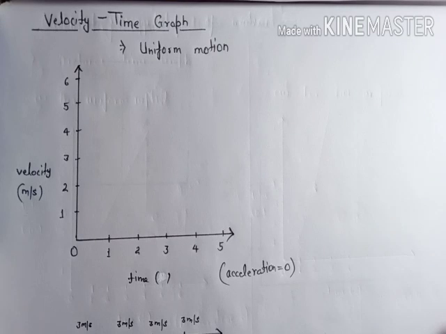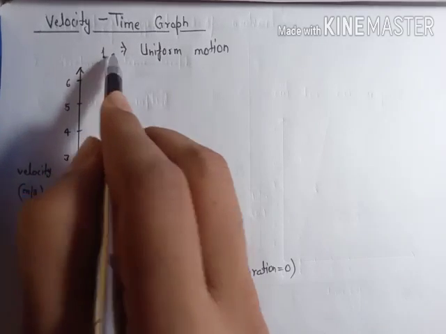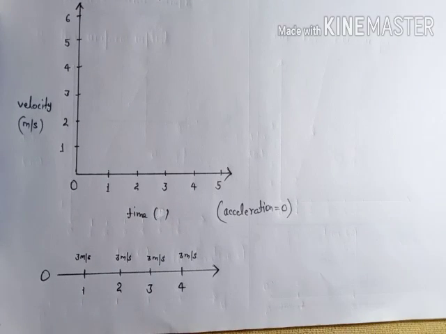And what if we draw a velocity time graph for uniform motion? We again have the first condition, uniform motion, and we are going to plot a velocity time graph. There is again a body moving with uniform motion.